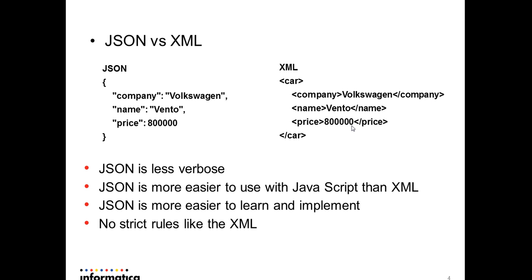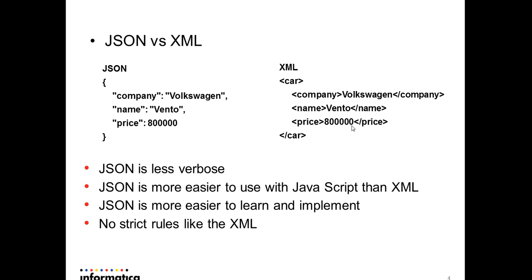So just by looking at the data, we can easily figure out that JSON is less verbose, that is, less information is required to represent the data compared to XML.